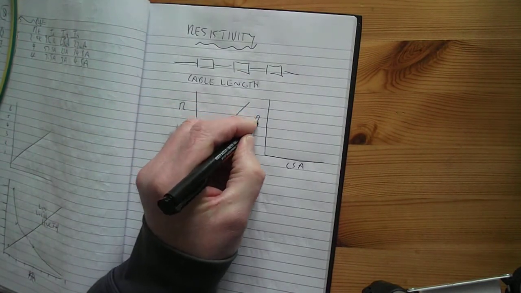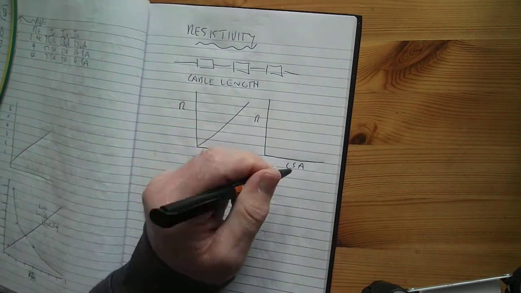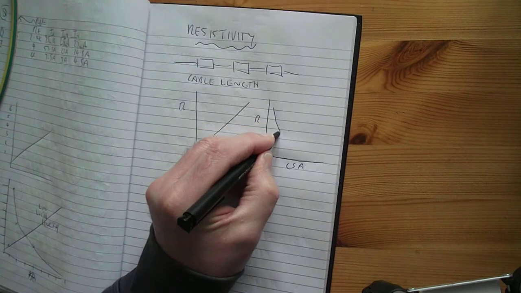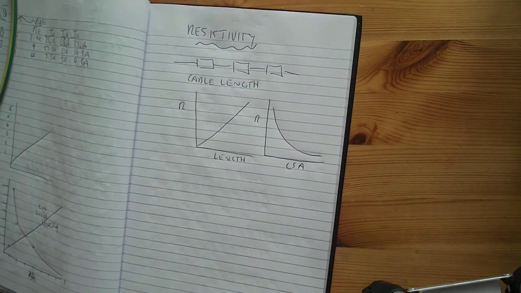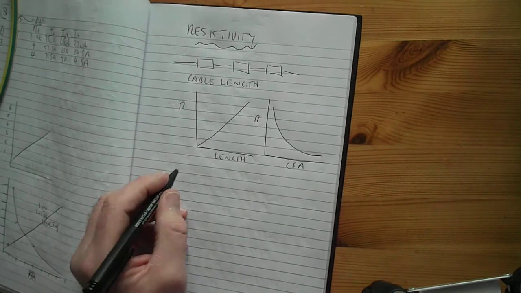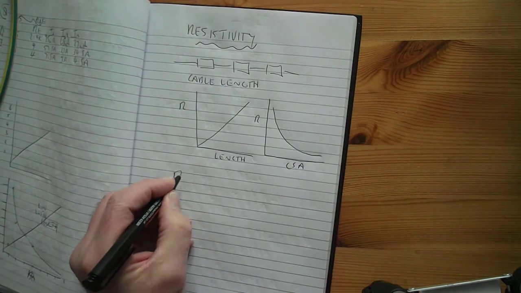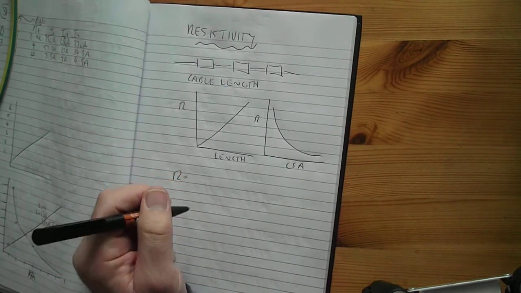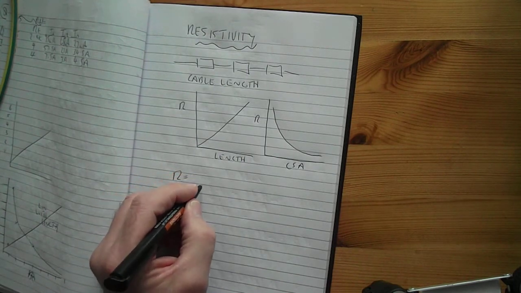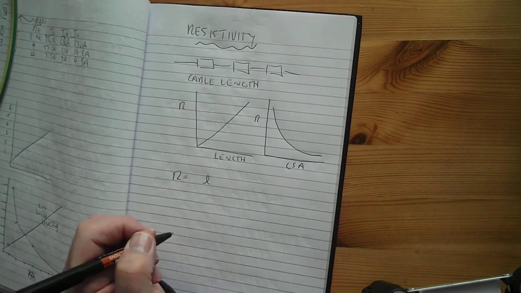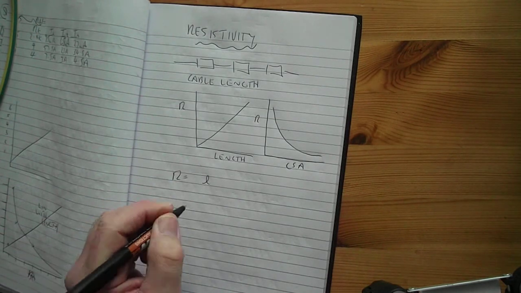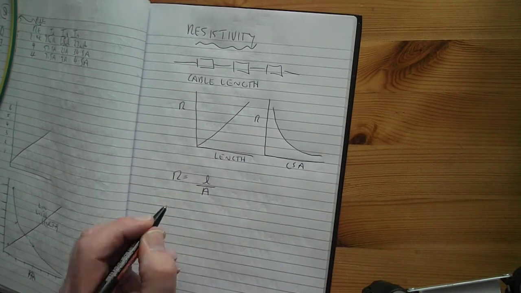So now if we have a graph of the resistance versus cross-sectional area, we get what we call an inverse graph, shaped like that. So we can say that the resistance of a piece of cable is directly proportional to its length and inversely proportional to its area.